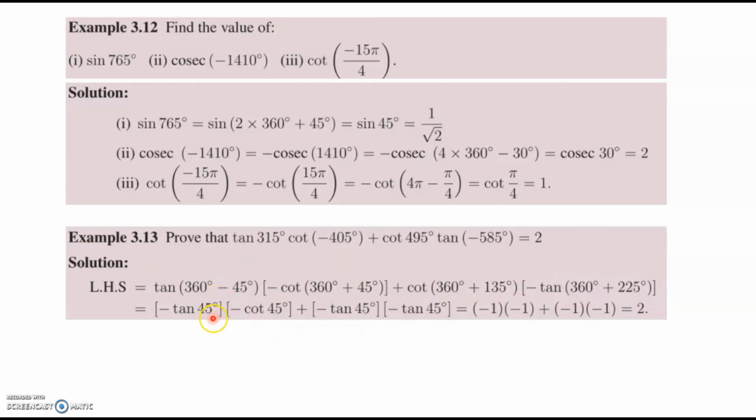Applying the respective values, this is minus tan 45, this is minus cot 45, and this is minus tan 45 degrees, and this will be minus tan 45 degrees. So applying the corresponding values, you will get minus 1 into minus 1 plus minus 1 into minus 1. The answer would be 1 plus 1, which is 2.